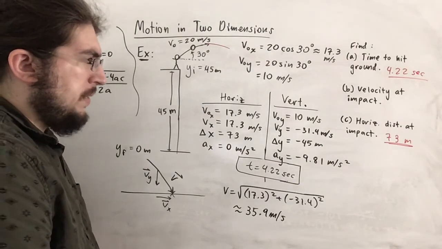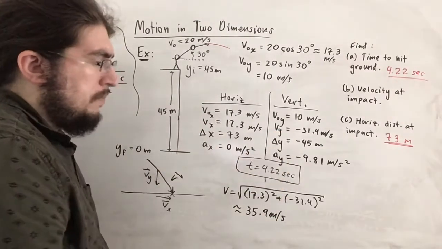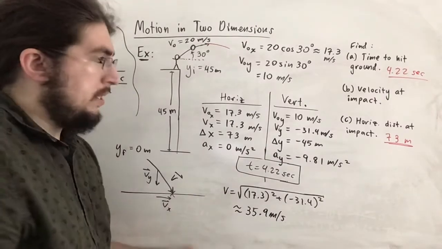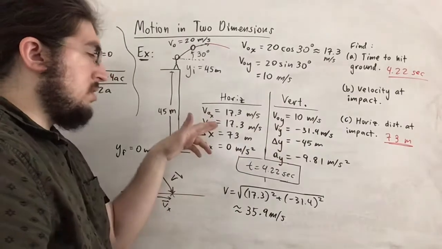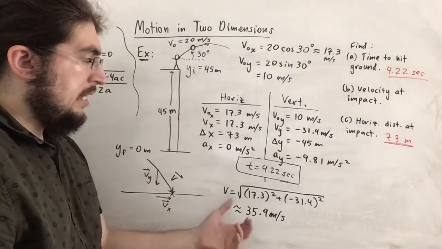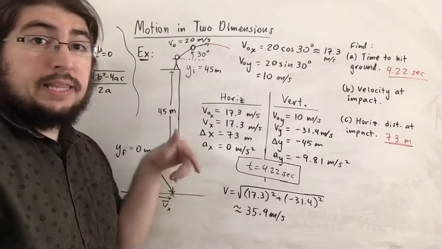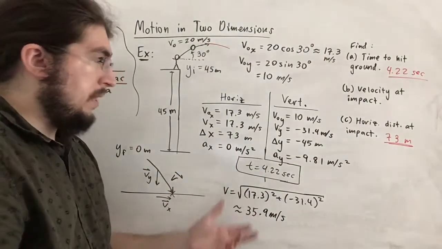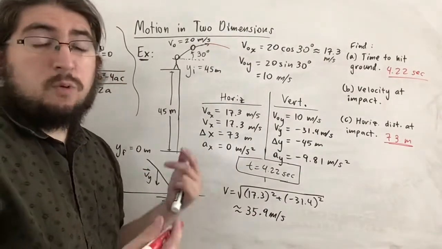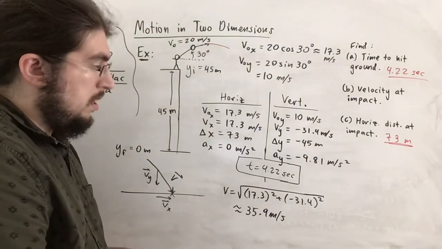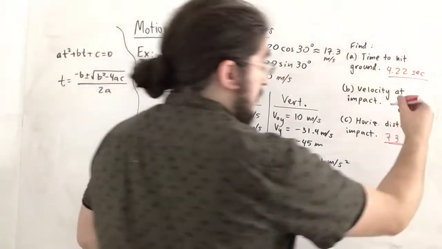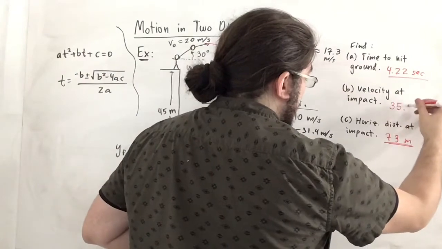Which is kind of crazy because it's more than either of these, but that's usually what happens. If you have a vertical velocity of about 30 and a horizontal velocity of about 17, then your actual velocity at that particular angle will be more than that. Think of a right triangle, the hypotenuse is always larger than the other sides. Okay, good.